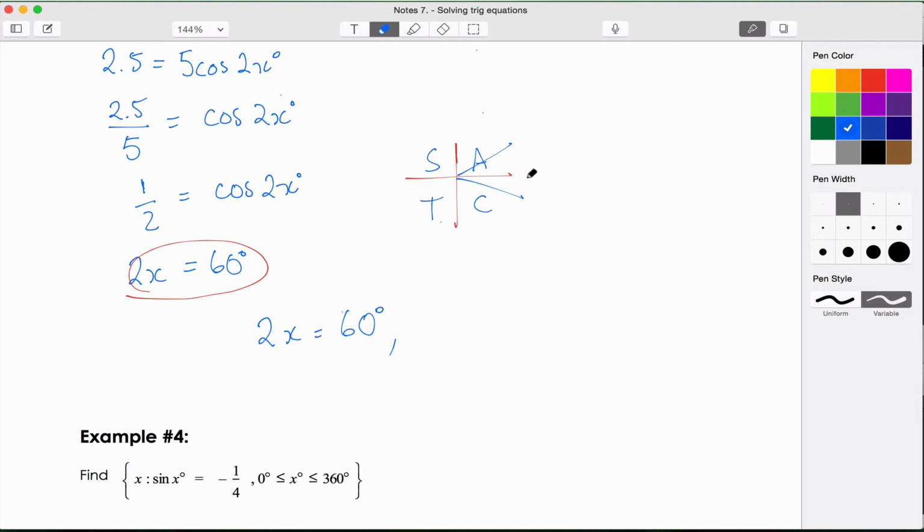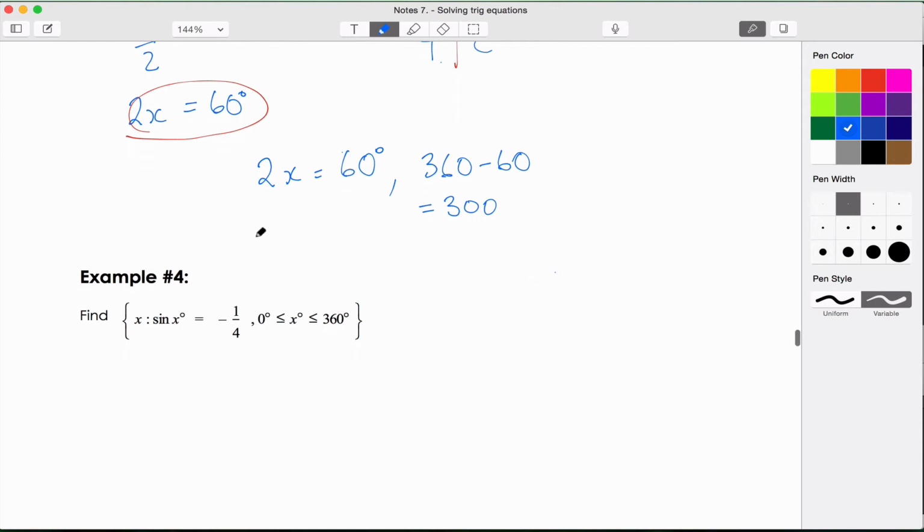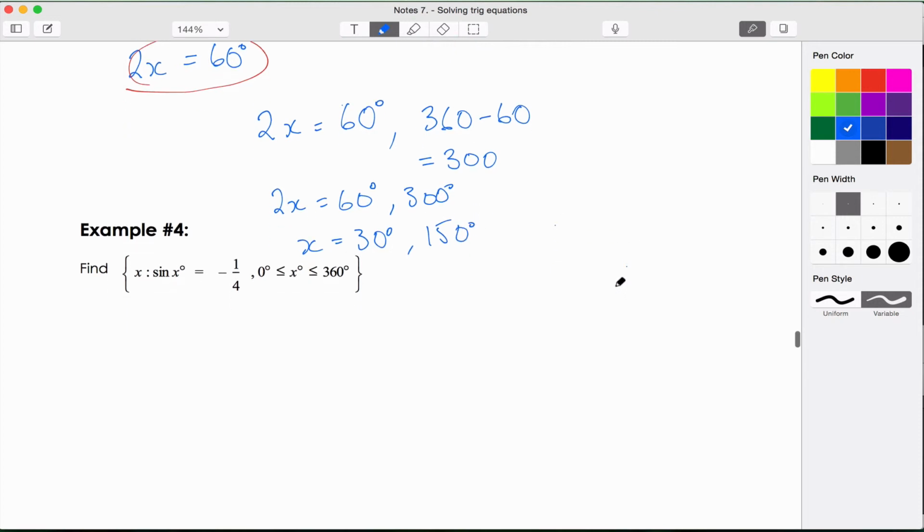And this one here will be in degrees, 360 take away 60, which is 300. So we've got 2x equals 60 degrees or 300 degrees. And we can divide by 2. X equals 30 degrees or 150 degrees. This should be your final answer.